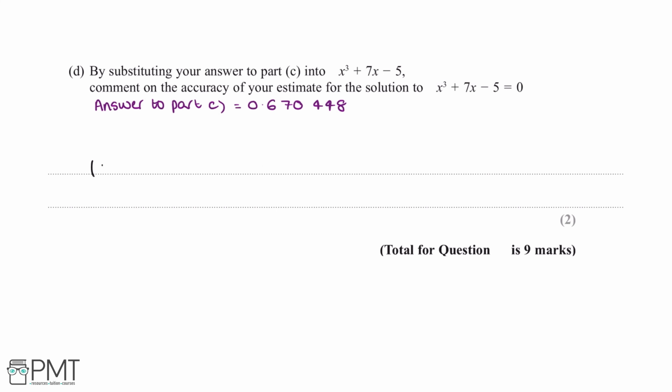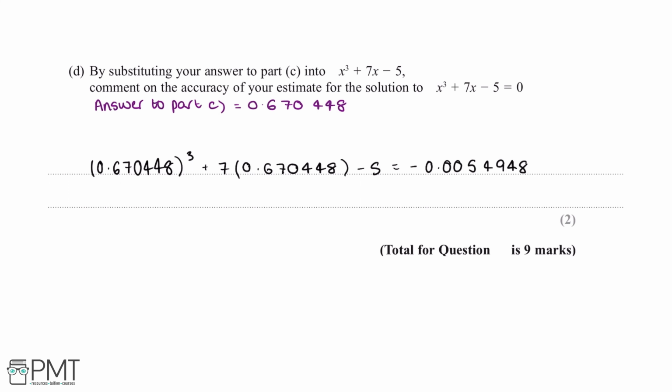So if we substitute our answer from part C into x cubed plus 7x minus 5, this will give us 0.670448 cubed plus 7 multiplied by 0.670448 minus 5.